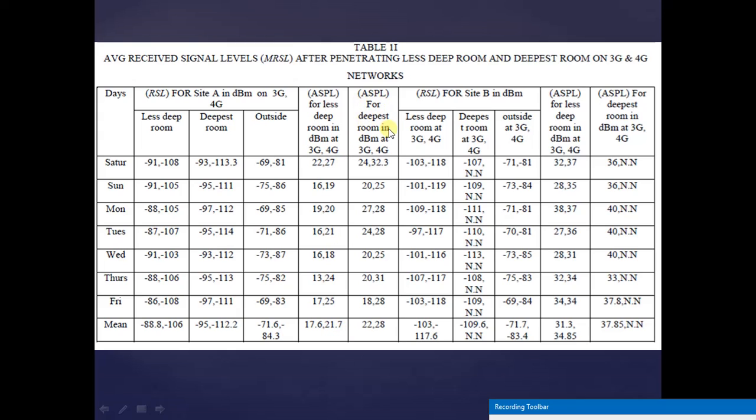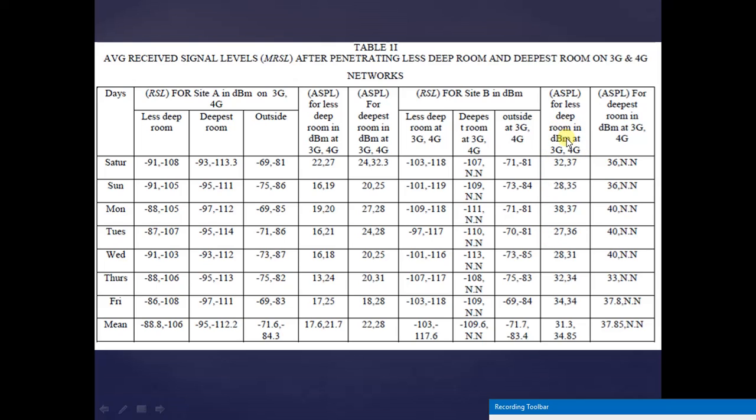When we go to the deepest room, it is 22 dBm and 28 dBm for 3G and 4G respectively for site A. When we investigate site B, the average signal penetration loss is 31.3 dBm and 34.85 dBm at 3G and 4G.